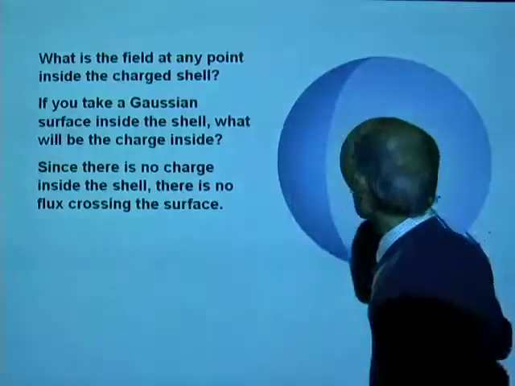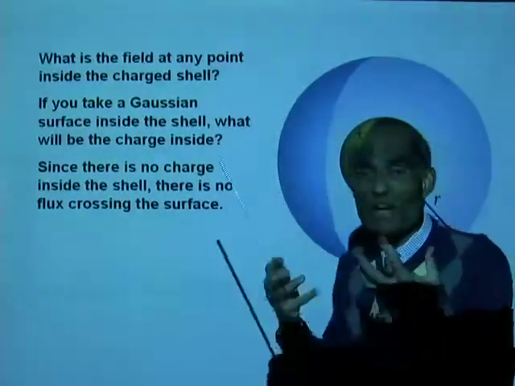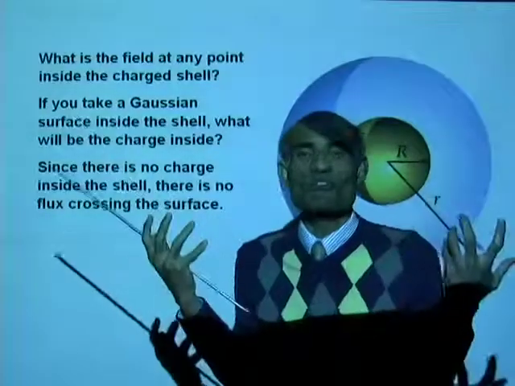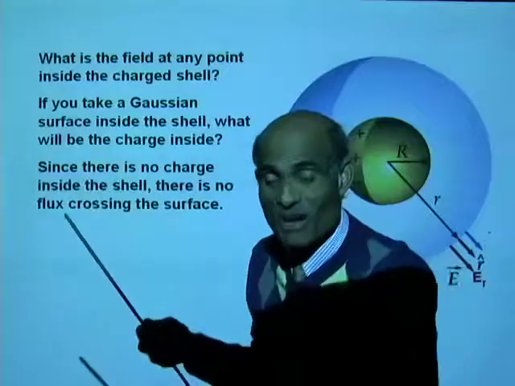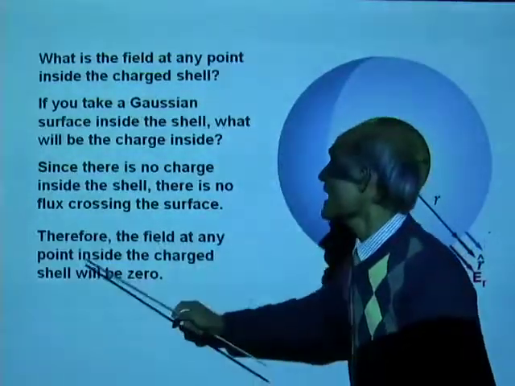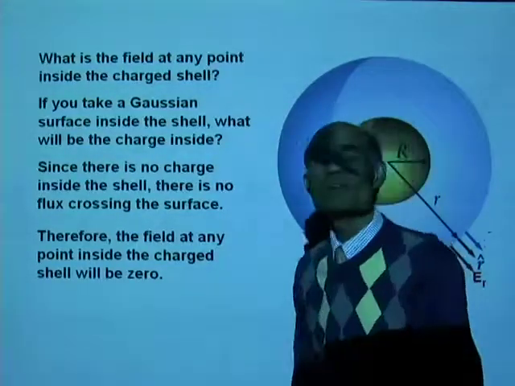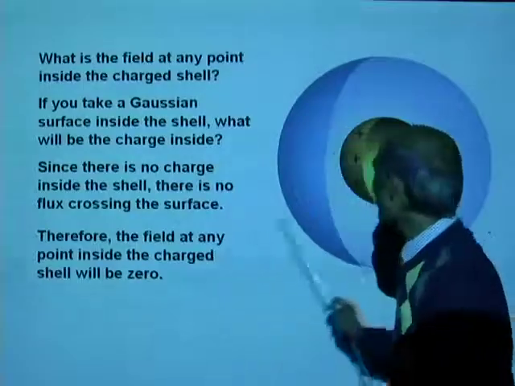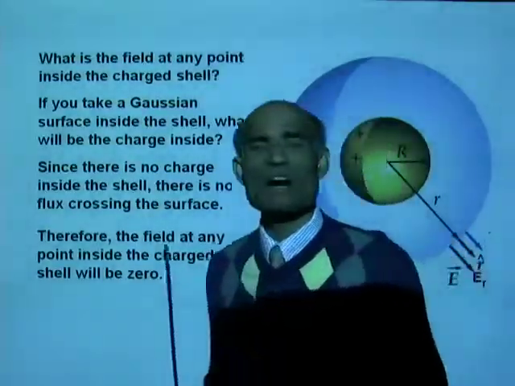You see? Why? Because there is no electric charge inside there. Therefore, the field at any point inside the charged shell will be zero. There will be no electric field inside a charged shell.